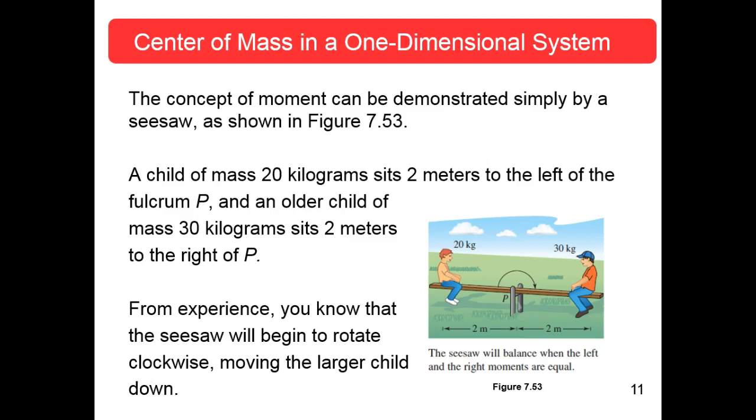What you need to do is scoot him back, increasing that, and if that wasn't enough, you don't want him falling off, then scoot this one forward to decrease his moment arm, because mass times displacement equals mass times displacement. So you increase this displacement and or decrease that one until the two are equal.